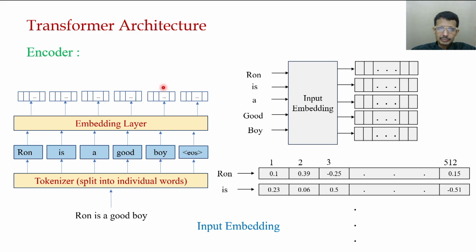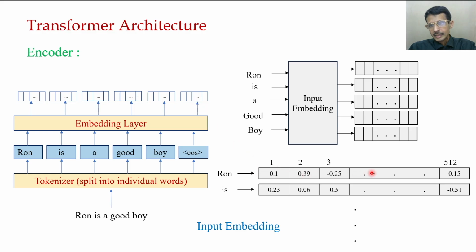Now we will take an example: "Ron is a good boy." It is fed to the tokenizer, which splits the individual words, and these words are now tokens: Ron, is, a, good, boy. Then they go into the embedding layer and we get some values here.